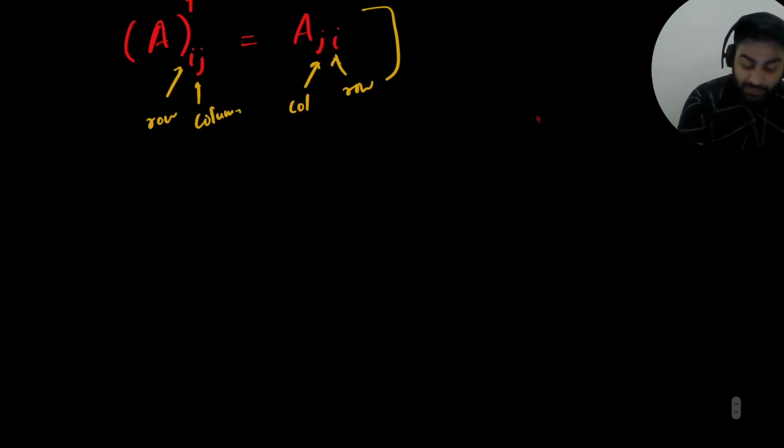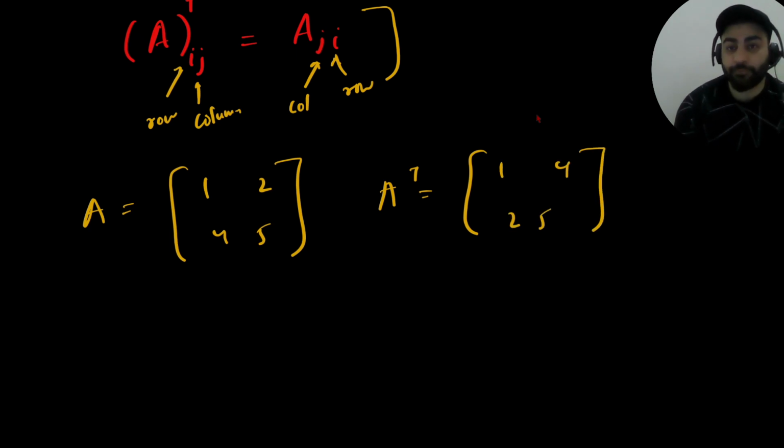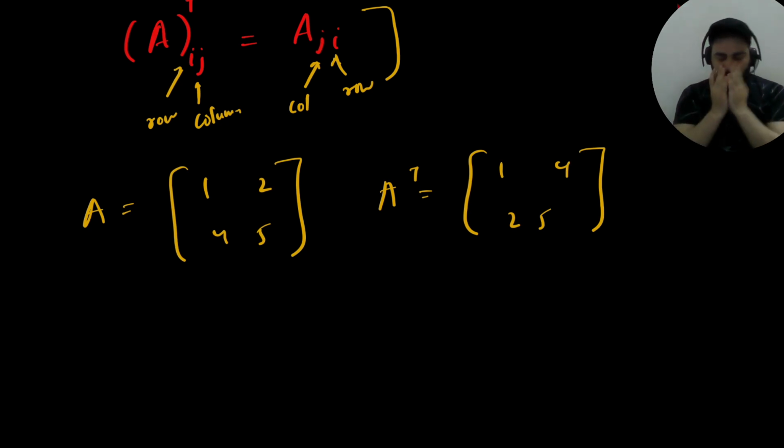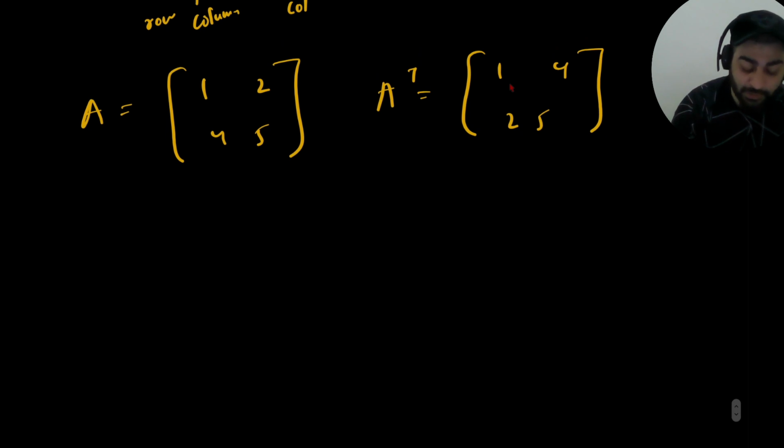So let's suppose I take a matrix [1, 2], [4, 5]. This is A, and A transpose will be [1, 4], [2, 5]. So this is the concept of transposes.